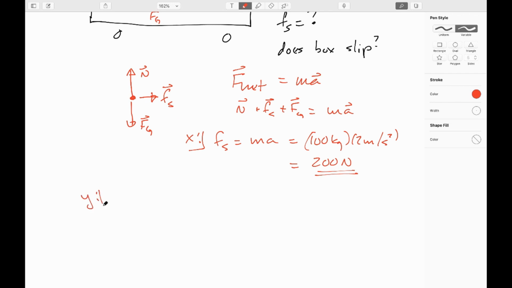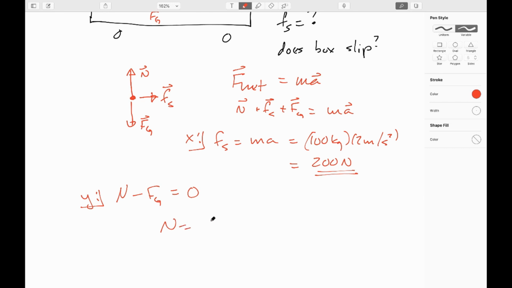Now, for completeness' sake, I did ask, is this going to slip? In order to figure out if it's going to slip, we have to calculate the normal force. So in the y direction here, the normal force is acting up, gravity is acting down. There is no y component to the acceleration, so ma is 0.